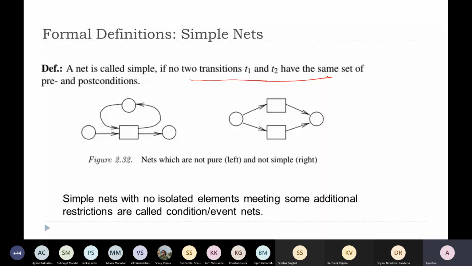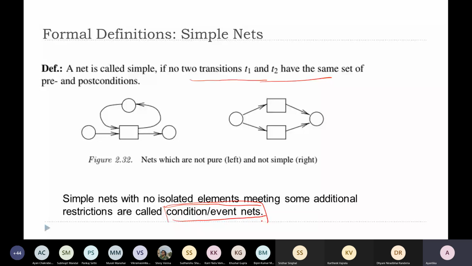Sometimes it is called a simple net with no isolated elements. That means all the events and conditions are connected. That is called a condition event net.